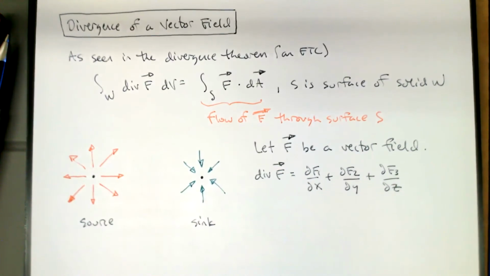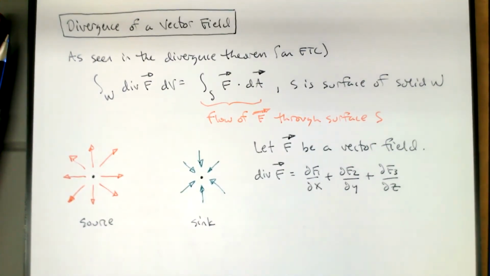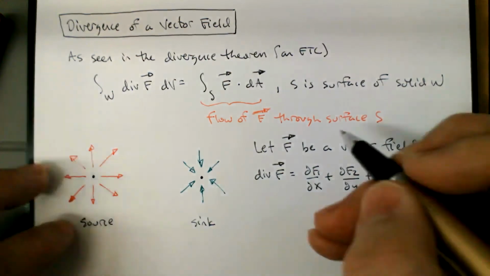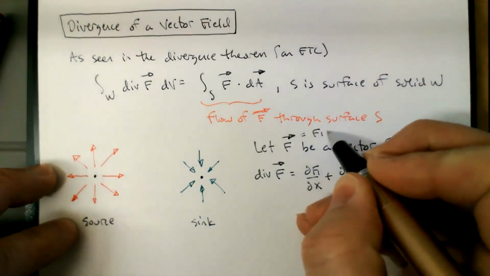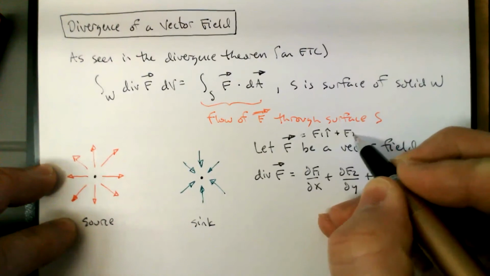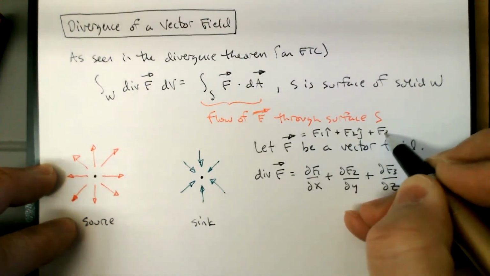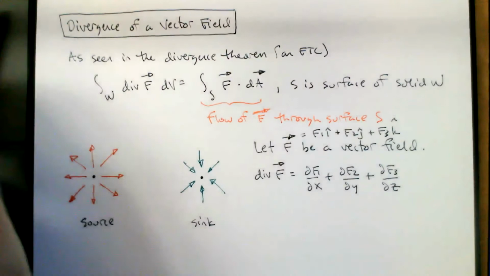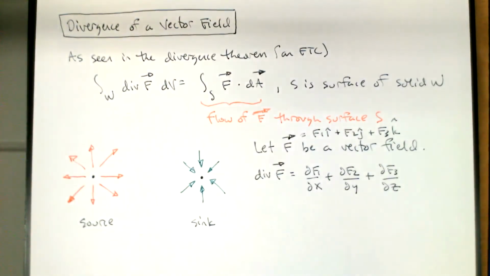So the divergence, if F is a vector field with F1, F2, and F3, write that down. Where F1, F2, and F3 are the components of the vector field F, then the divergence is just the partial of F1 with respect to x, plus the partial of F2 with respect to y, plus the partial of F3 with respect to z.